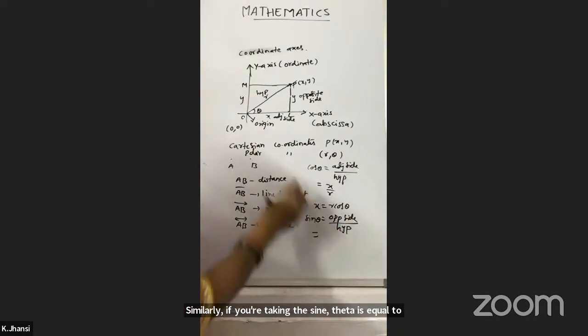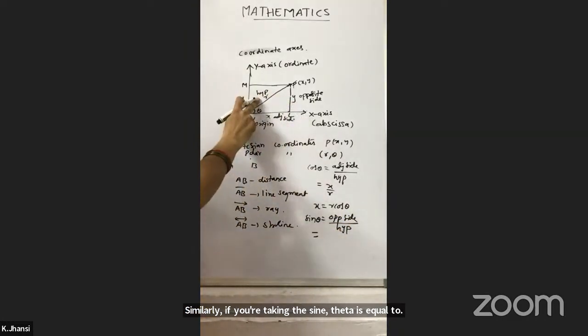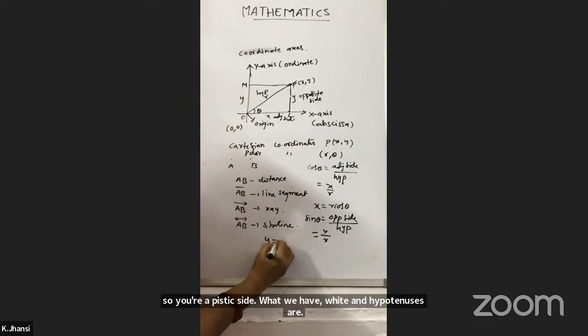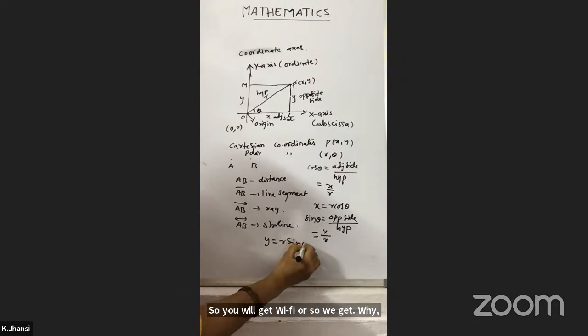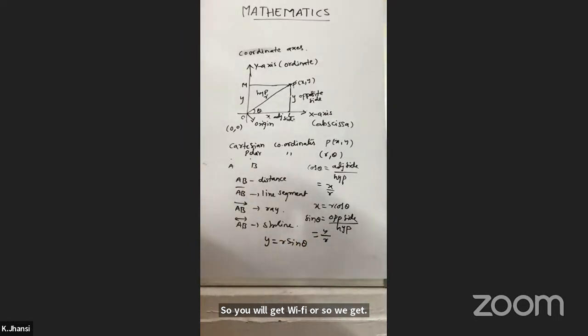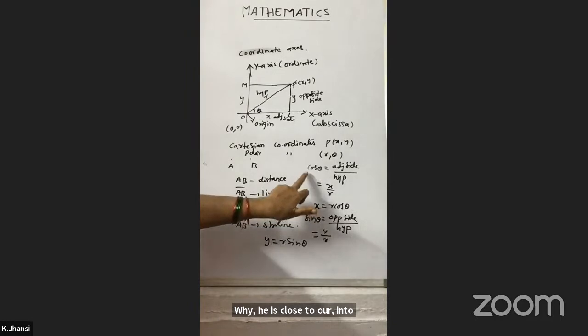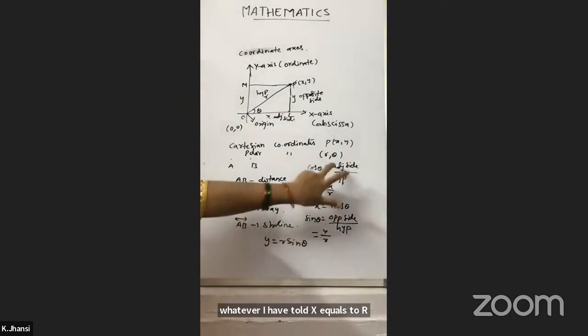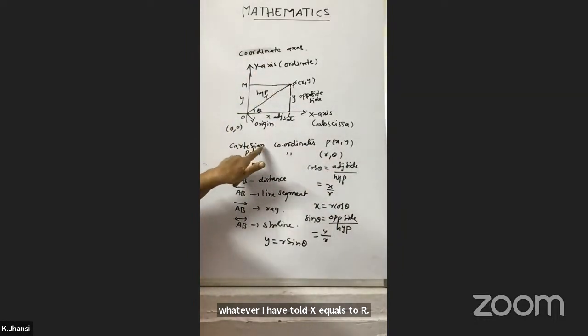Here the opposite side is y and the hypotenuse is r. So you will get y by r, so y equals r into sin theta. So what I have told, x equals r cos theta and y equals r sin theta, is the relation between the Cartesian coordinates and polar coordinates.